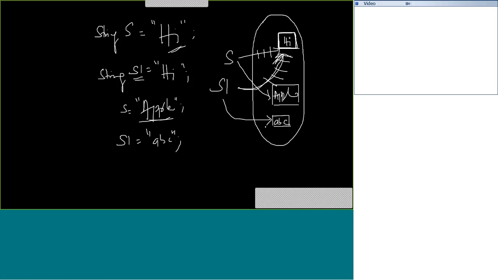Now here, as soon as it creates a bond with ABC, you can see that the slot high which it created is of no more use.